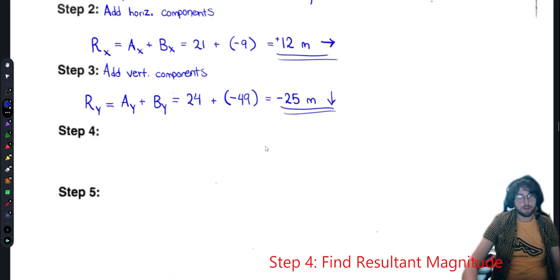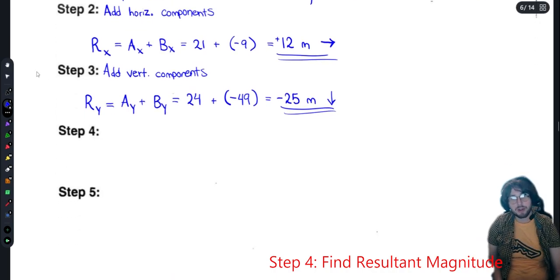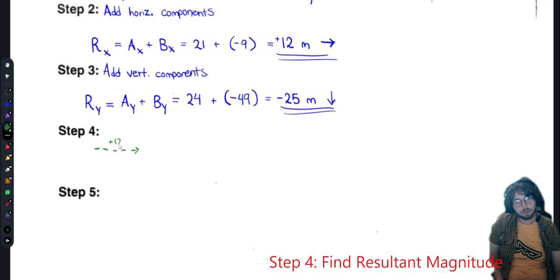So step 4 is now where we implement the so-called Pythagorean theorem. So what we have now is, I'm just going to draw it. We have our vector r that looks something like this. We've got 12 meters to the right, and we've got 25 meters down.